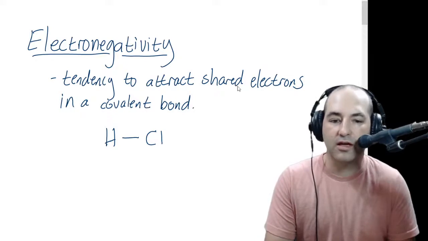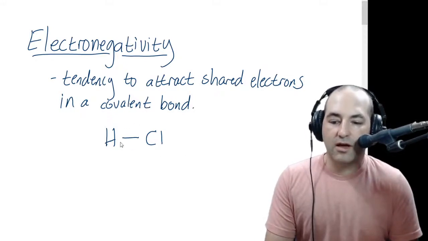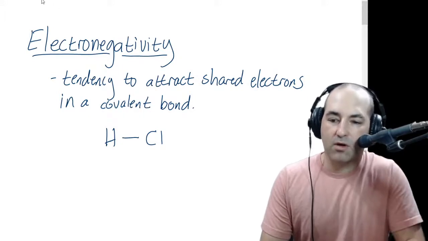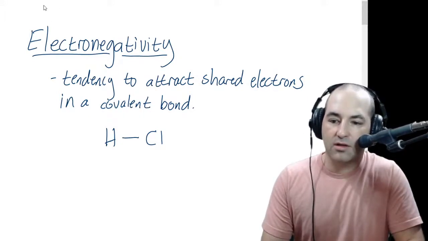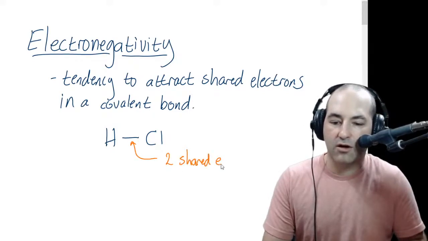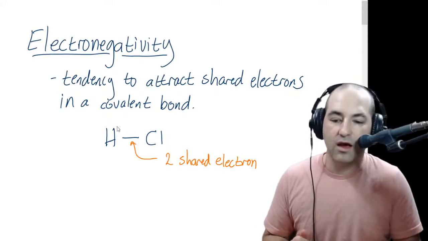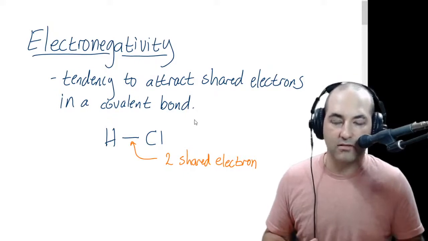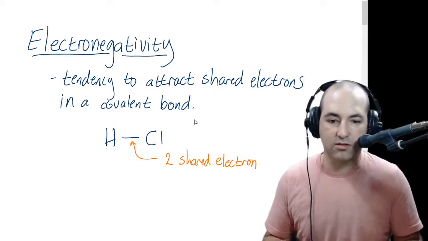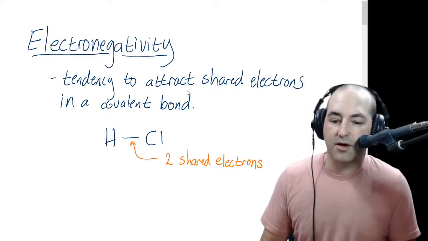Let's look at an HCl bond. When we draw this line, remember that what we really mean is that we have two shared electrons. Those atoms are sharing those electrons, and that's what's causing them to stay together and to actually do this thing called a covalent bond.